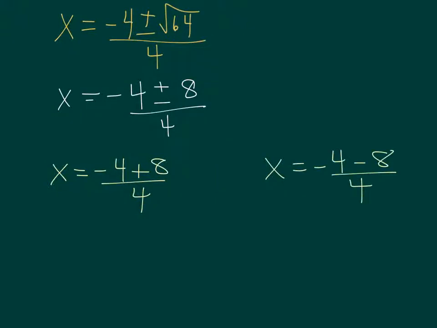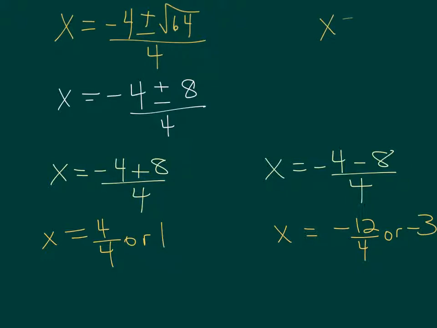So again, you've got to separate it into two problems. And so here we have X is equal to, well, -4 plus 8 is 4 over 4, or 1. And over here we have X is equal to -12 over 4, or -3. So my final answer would be X equals 1, X equals -3.